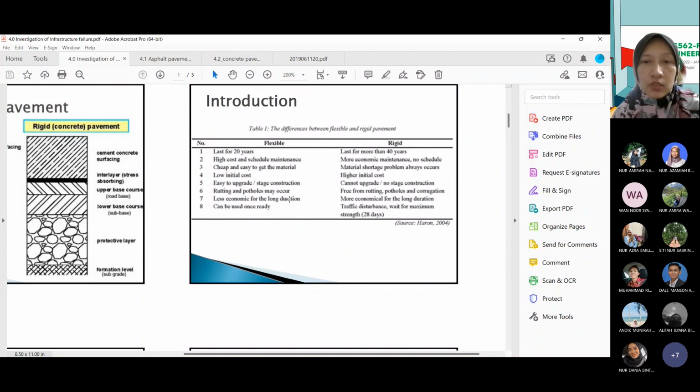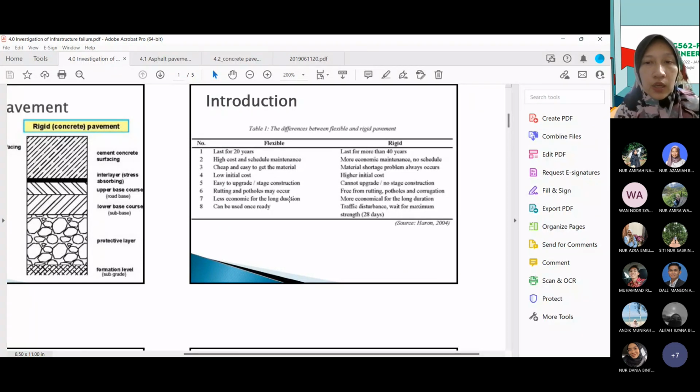For rigid pavement, there is traffic disturbance, with maximum strength at 28 days. I think that when talking about rigid pavement, because it is made of concrete, it will take the same material behavior as concrete, where concrete reaches maximum strength at 28 days.